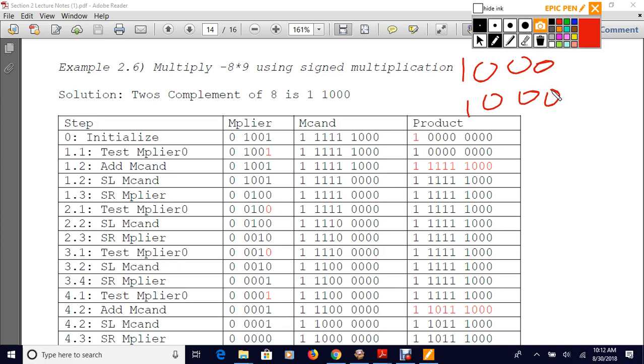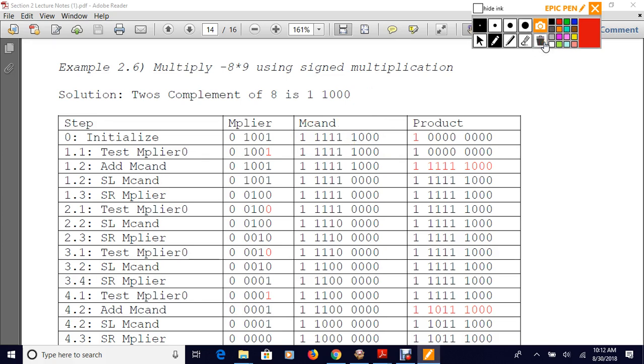But what's important to note, and the reason why I included it this way, is when you sign extend, it's all ones. So in this specific case, it's -8 is here, right? So that's kind of a refresher on that one.